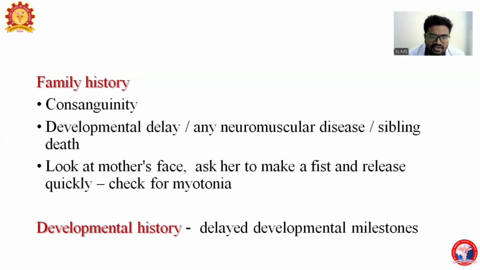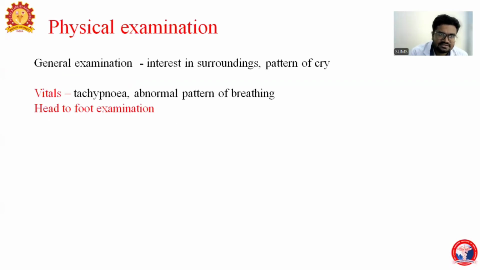Check for any myotonic facies, whether there is inverted V-shaped upper lip, whether there is temporal wasting, or whether there is delayed grip, delayed relaxation of the tendon reflexes. The myotonic grip and myotonic release sign all have to be examined so that the diagnosis can be made easy. Developmental histories, as we discussed earlier, history of delayed developmental milestones has to be asked.